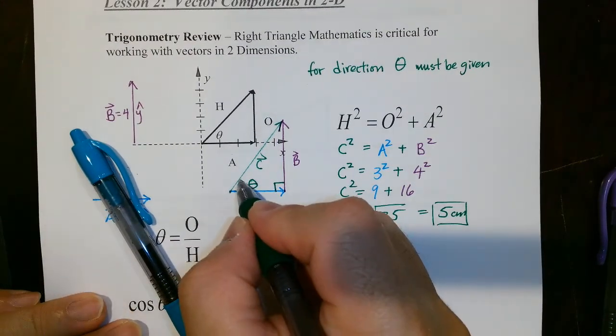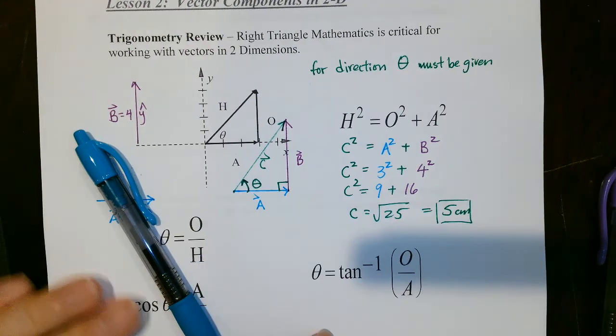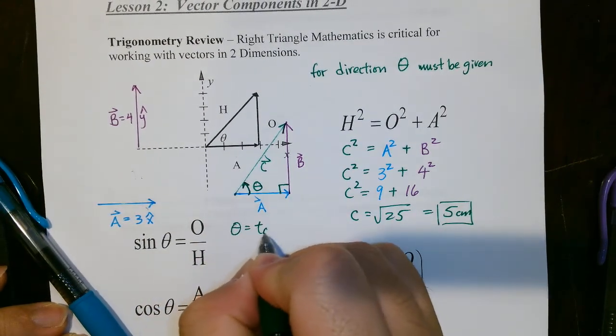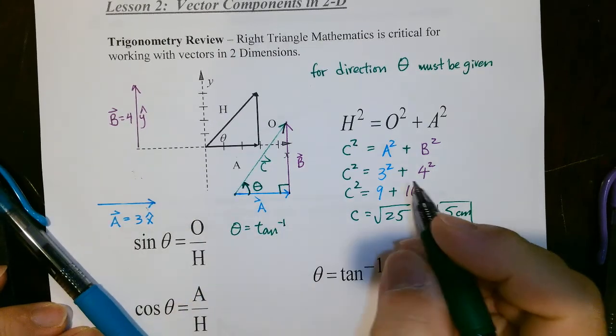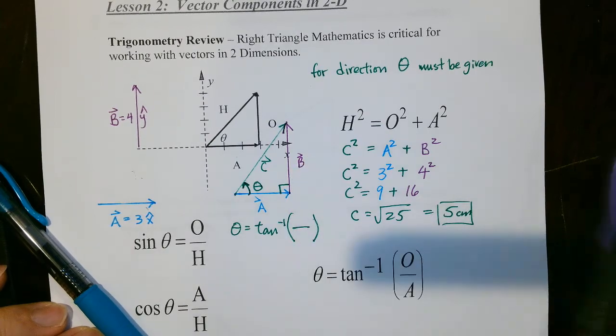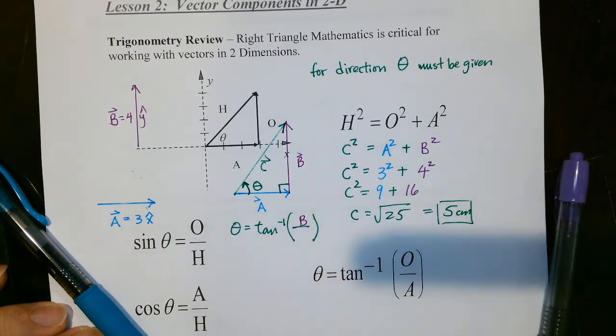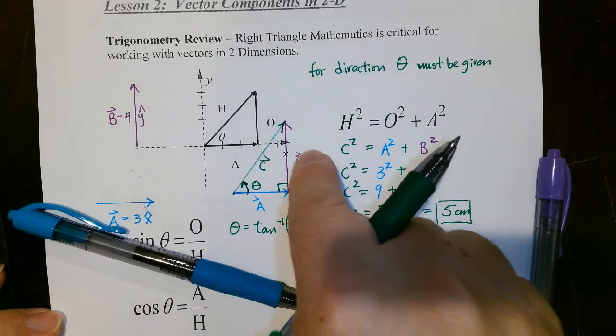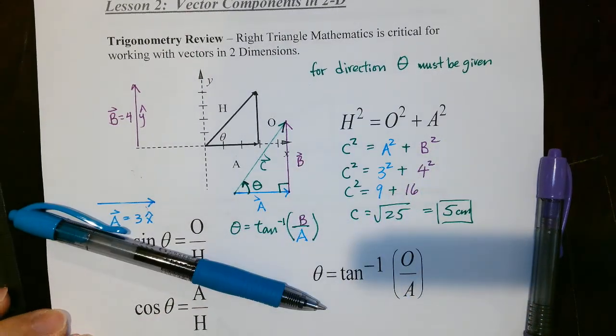But the angle theta, and that's important, can be calculated by saying tan inverse of b over a, or the opposite over adjacent.